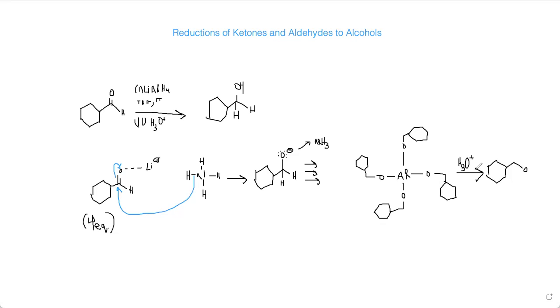And then with the acidic workup, we're protonating that oxygen, which leaves us with 4, that's an H, by the way, but that leaves us with 4 equivalents of that final alcohol. And in this case, you can see that that's a primary alcohol. But yeah, that's it for that reaction.